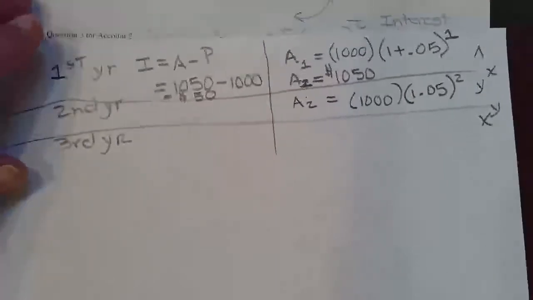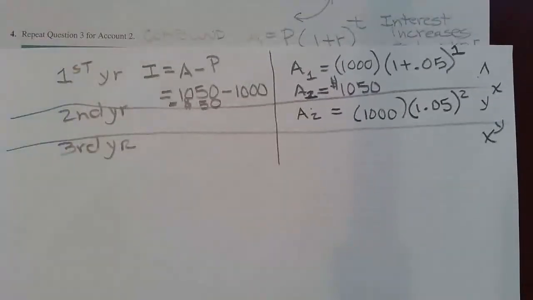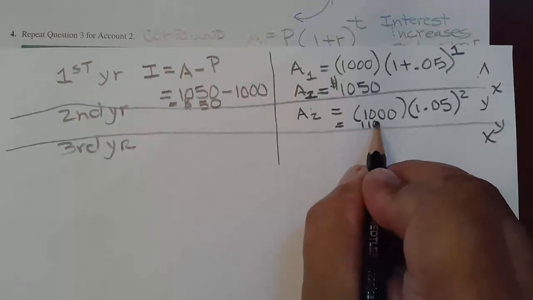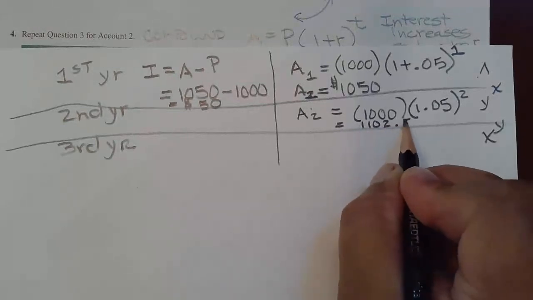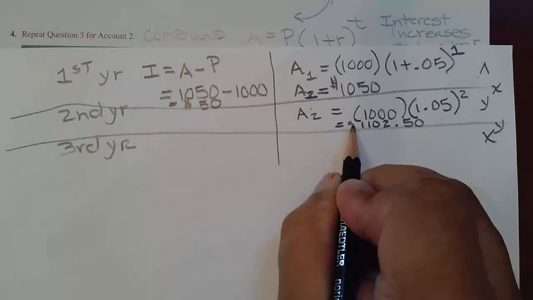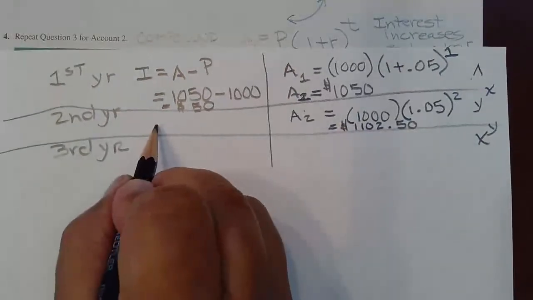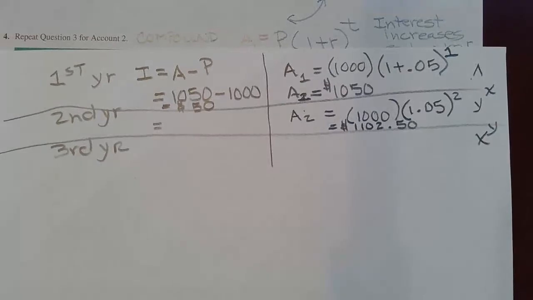So right here, this would be 1,102.50, and then take it backwards to figure out the interest. Now this is where it gets a little bit tricky.